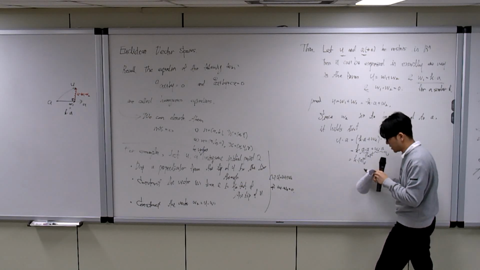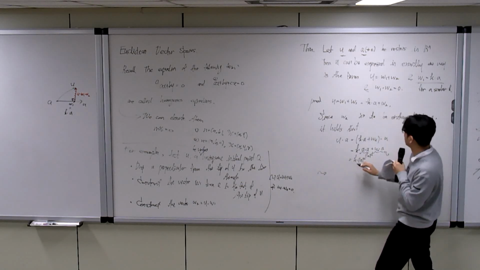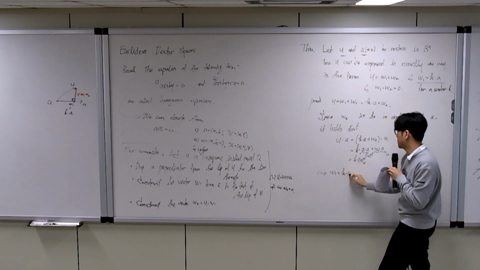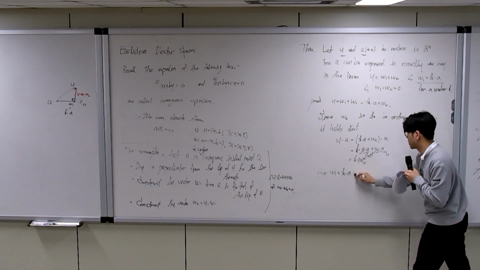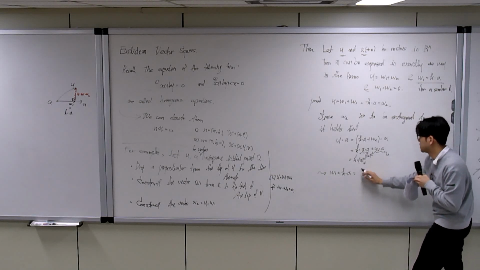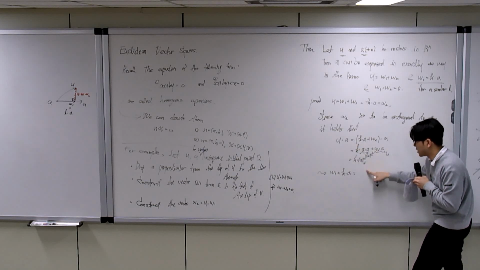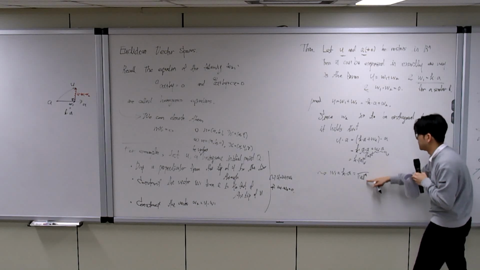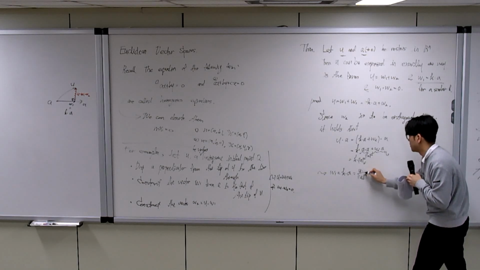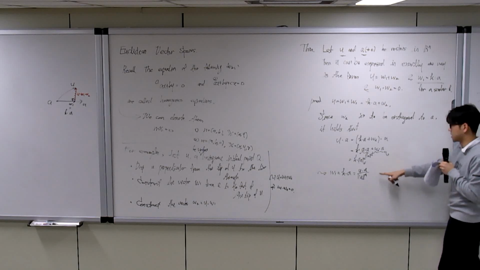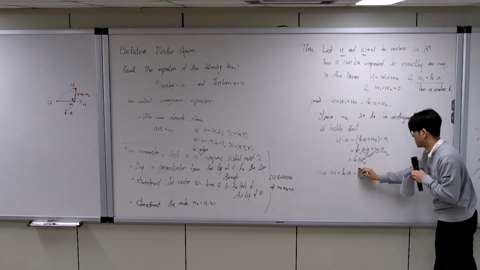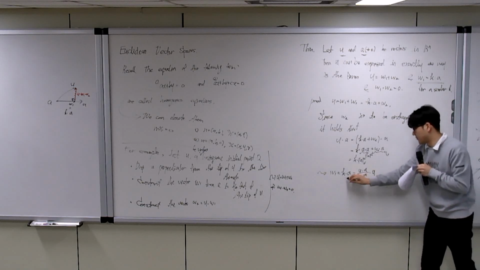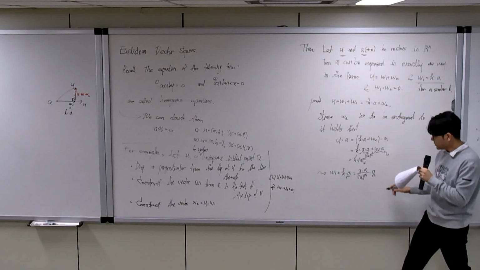By using this, we can denote the vector w1 as k scalar multiplication a, and by this equation we can get the value of k by using the square of the norm of a, u dot product a, and this direction is the vector a.